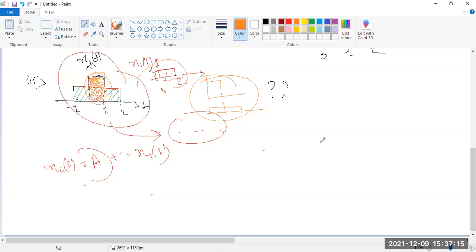You can see, this is one, this is one, this is two. First, your x1 signal, meaning your original signal, is 2 and this is 1, and I add this half rectangle.